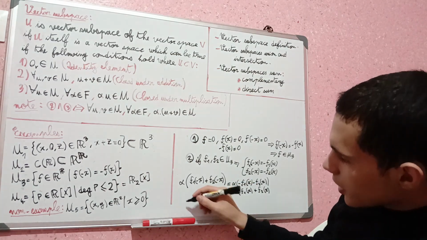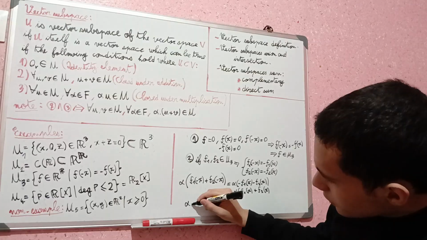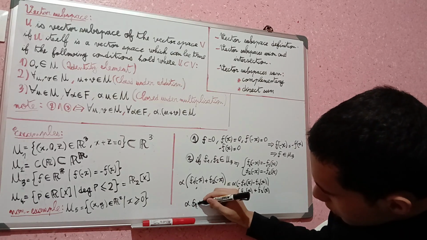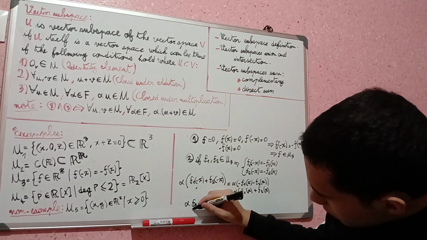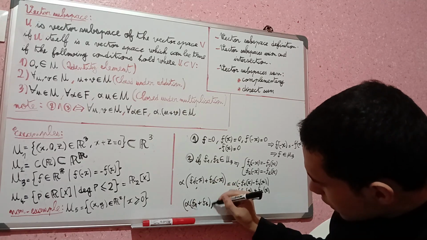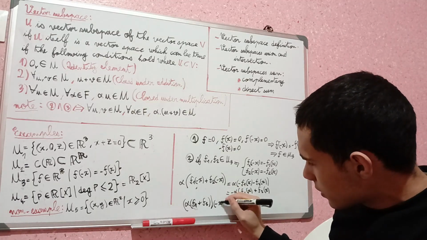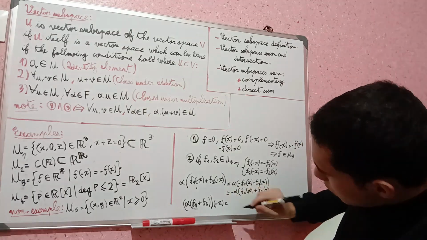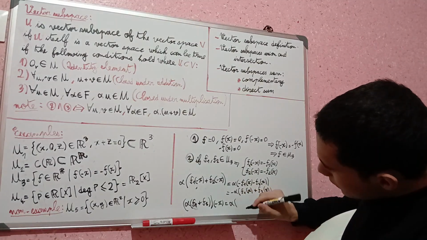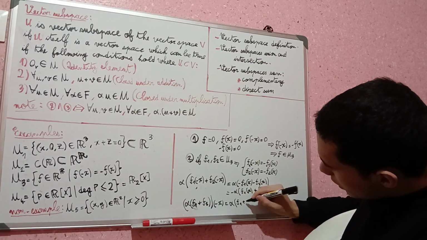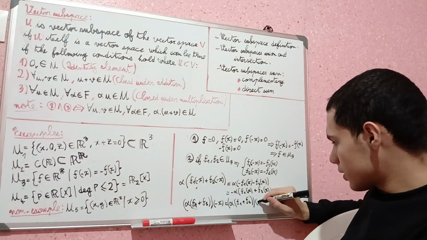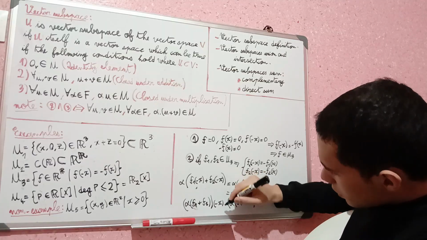So this can be written as alpha (f1 plus f2) of minus x, which equals alpha (f1 plus f2) of x, but with the minus, don't forget it.